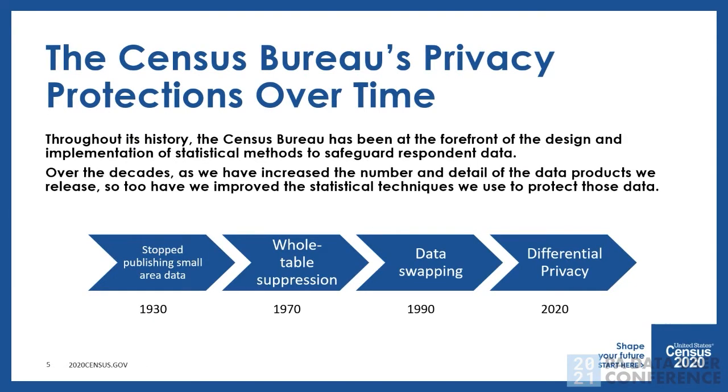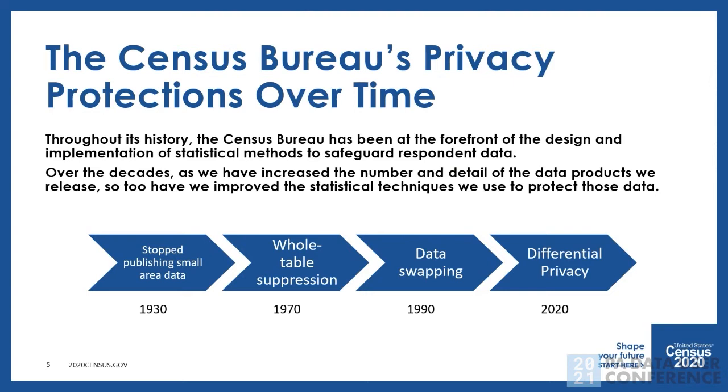Over the past century, the Census Bureau has been a world leader in the research, design, and implementation of a whole family of statistical methods that can be used to safeguard privacy in public data releases. And as new privacy threats have been identified over the years, the Census Bureau has worked diligently to improve the statistical safeguards that we use to mitigate those emerging threats.